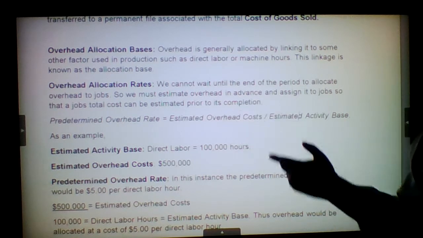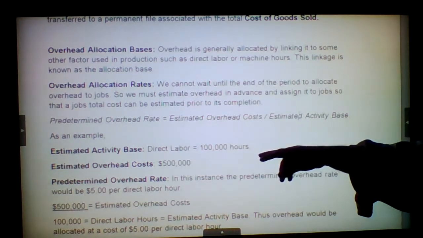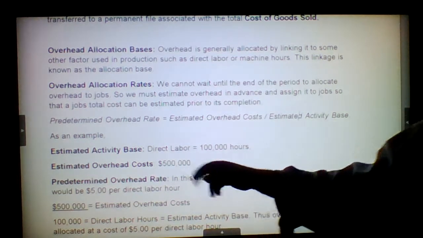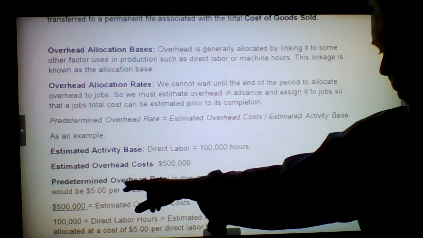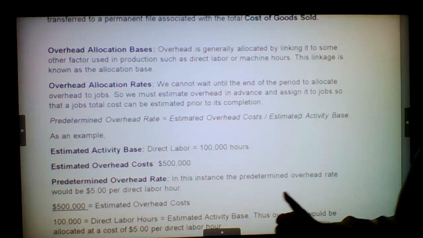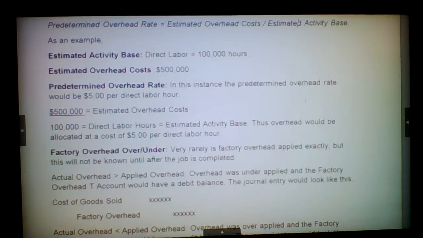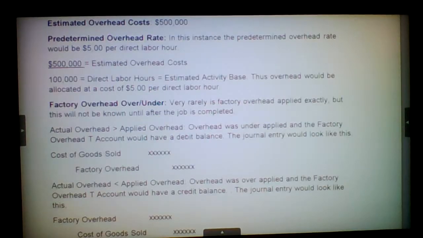So you would have a cost, like I said, direct labor, estimated activity base, 100,000, estimated overhead cost, 500,000, predetermined overhead rate. In this instance, the predetermined overhead rate would be $5 per direct labor hour. So that meant for every one direct labor hour that you assigned to a job, $5 of factory overhead would be allocated.